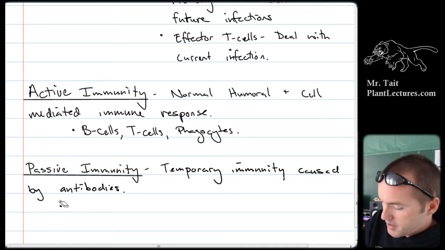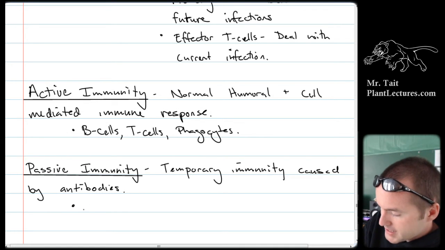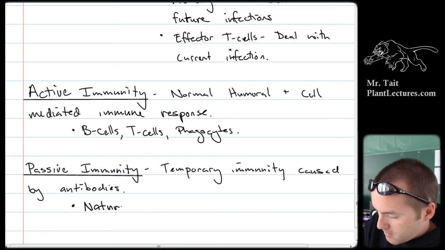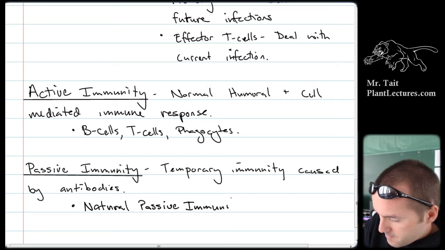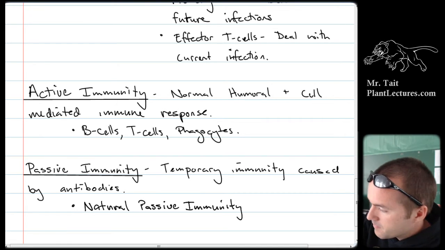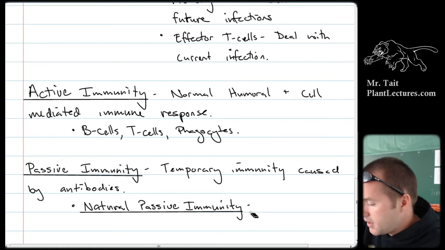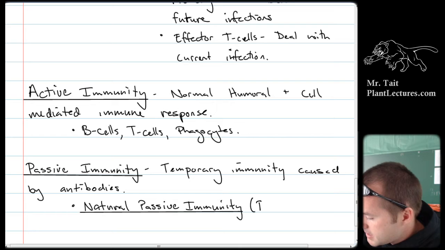The most common type of this is something that's called natural passive immunity. Natural passive immunity, the most common example of this is breast milk.